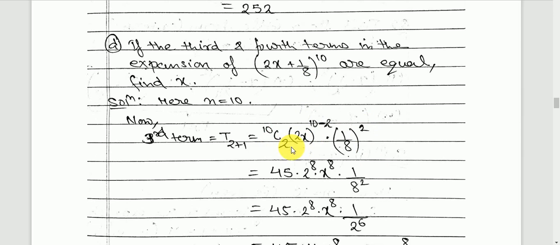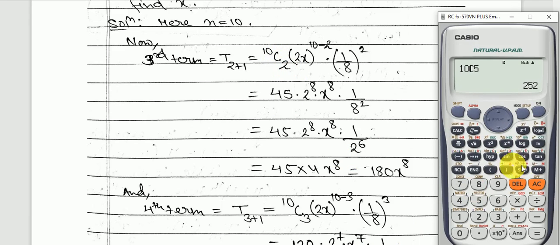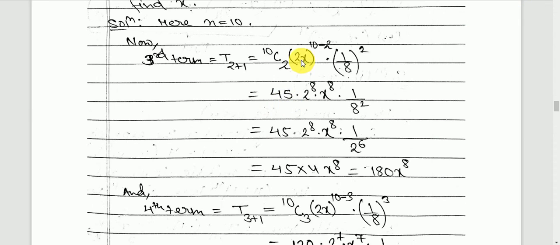Use a calculator, 10c2, and you get 45. Here 10 minus 2 means 8, 2 to the power 8, x to the power 8, and here 1 upon 8 square means 1 upon 2 to the power 6. Simplify it, so you get 180 x to the power 8.